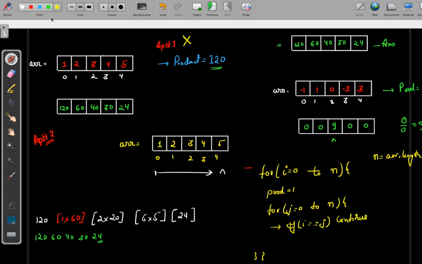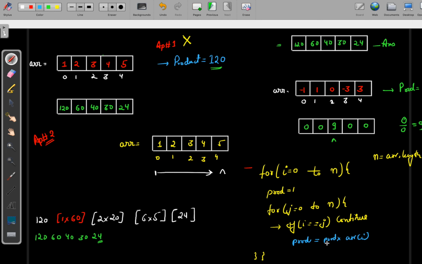And in the rest of the cases, you simply find the product, that is product equals product into whatever the element is, that is array of j.